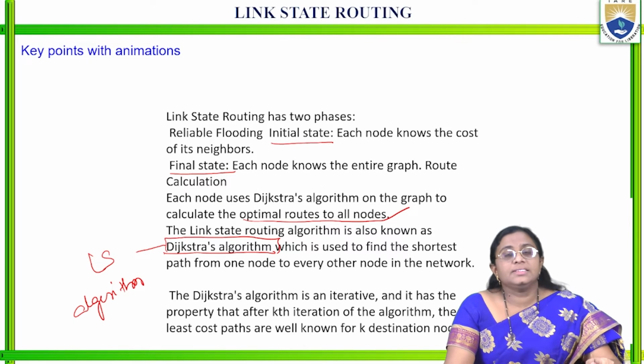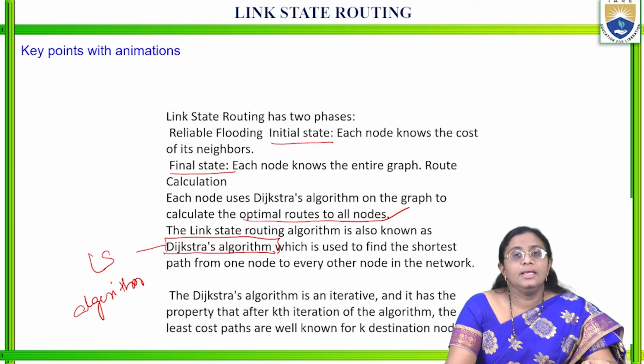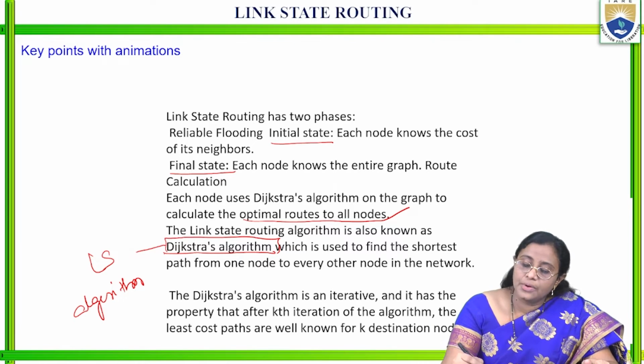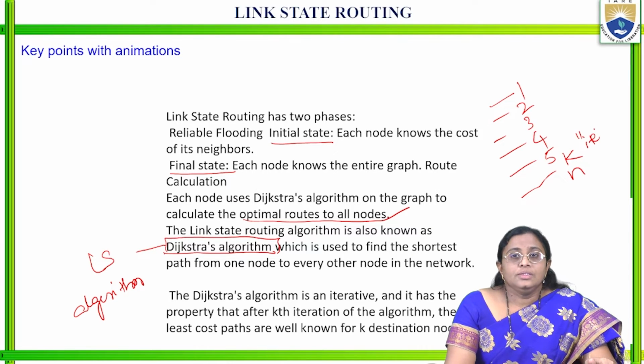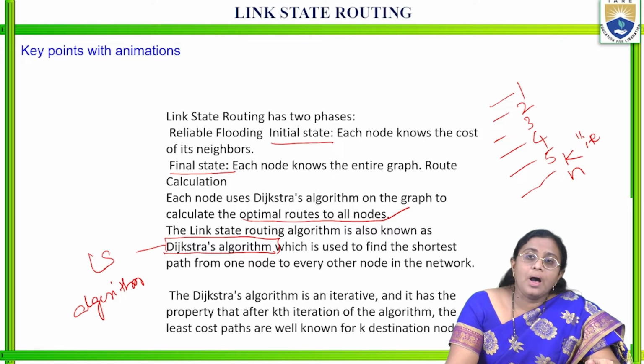Dijkstra's algorithm is iterative, and it has the property that after the kth iteration, the least cost paths are well known for k destination nodes.